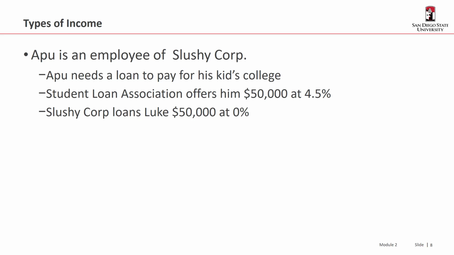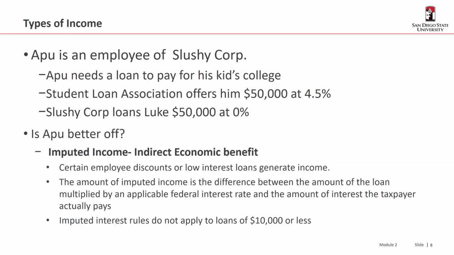So they give him a 0% loan. Is Apu better off? And I think the answer is, yeah, absolutely, right? If the market would loan him that money at 4.5%, but his employer is willing to loan that to him at 0%, he's clearly better off in the 0% loan category.